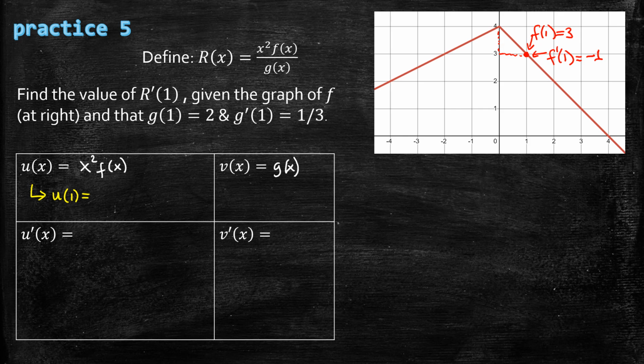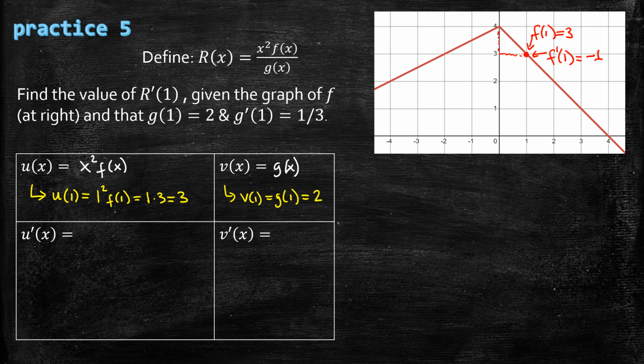So it's going to make my quotient rule entry a little easier. So u of 1 would be 1 squared times f of 1. We just realized that f of 1 is 3 from the graph. So therefore, it's 1 times 3, which is 3. And we can also figure out that v of 1 is just g of 1, which is given to us, it's 2.